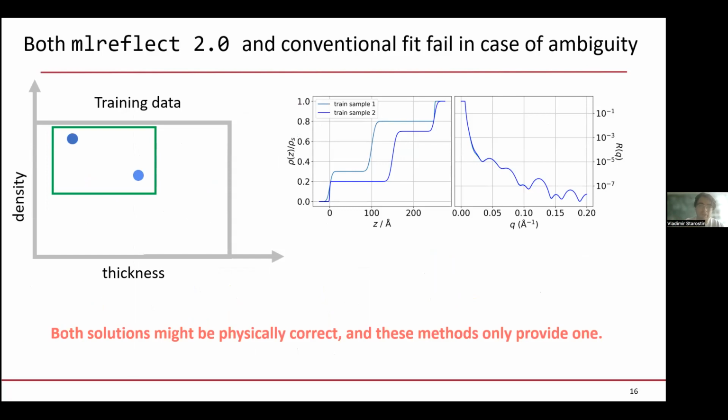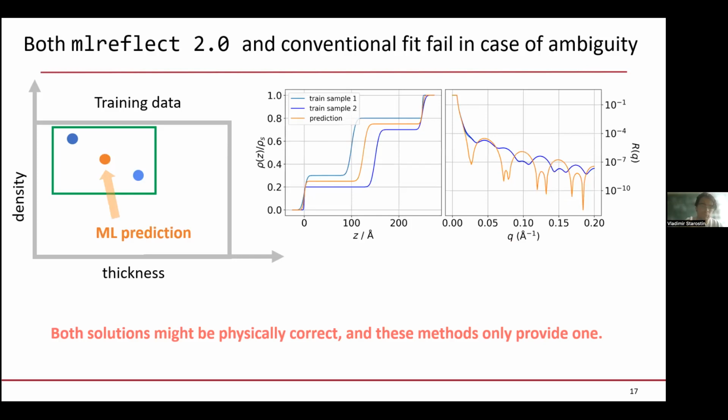But all the machine learning methods that we discussed so far and conventional fits like differential evolution will give us only one result. Machine learning will be somewhere in the middle, and the fit will probably converge to one of the solutions, but will completely ignore the other one.